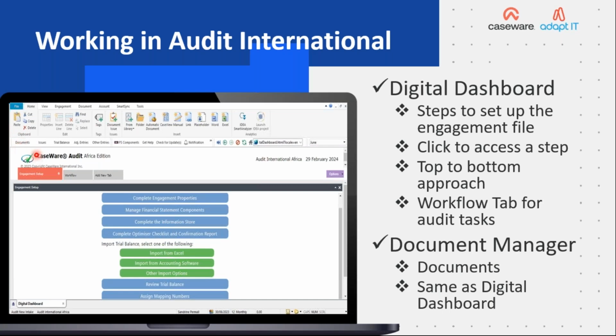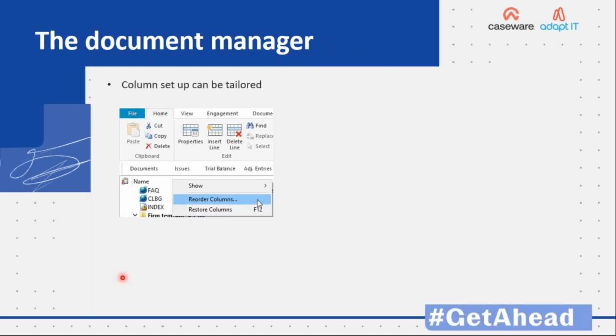It's the same thing as the digital dashboard, but again, it's a mixture of folders and subfolders, and then you simply open your different folders and documents. You'll have a combination of CaseView, Caseware working paper, Excel, Word, PDF.